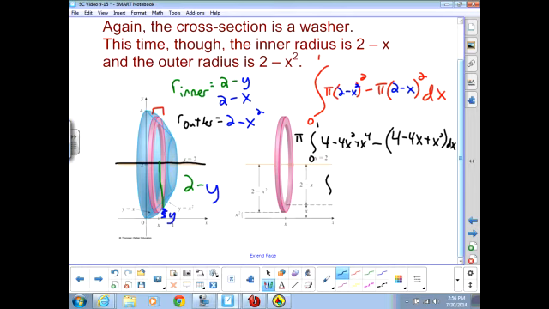So we'll next distribute our negative. We'll have 4 minus 4x squared plus x to the 4th minus 4 plus 4x minus x squared dx.